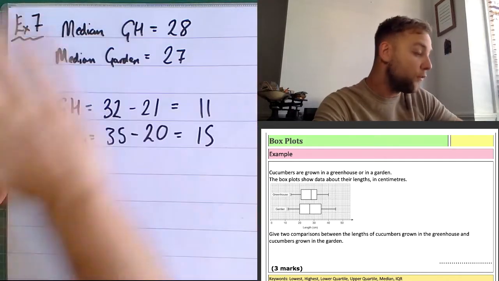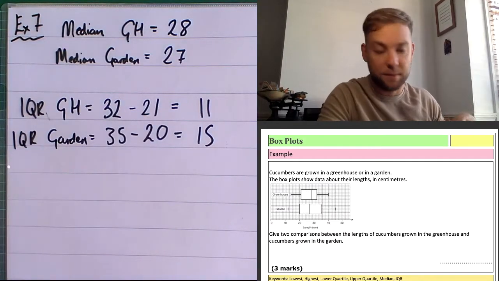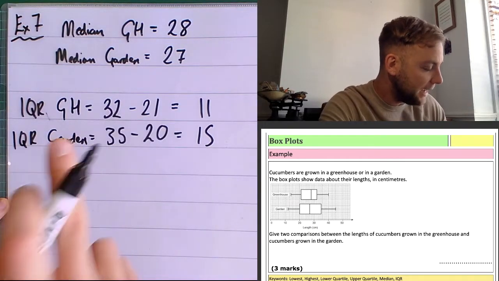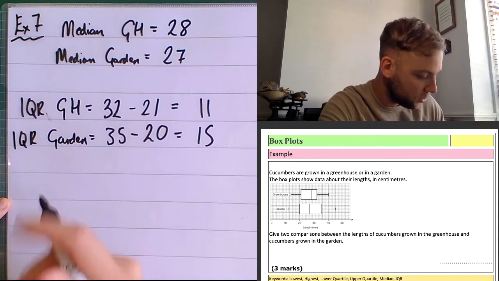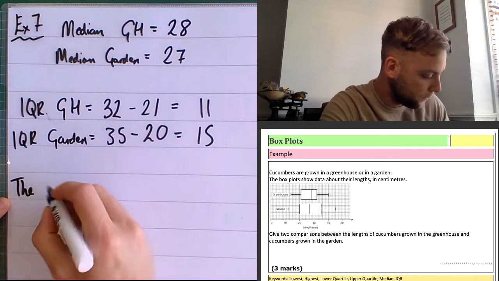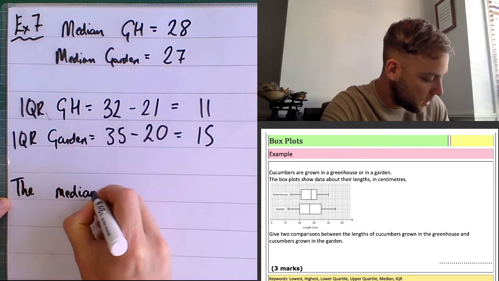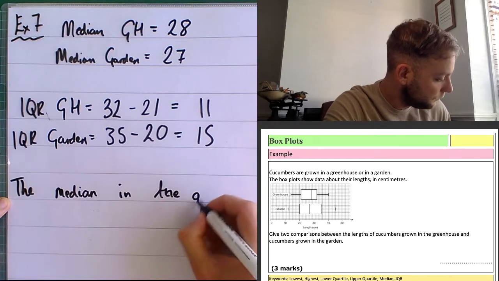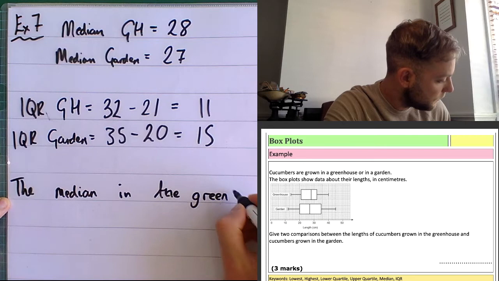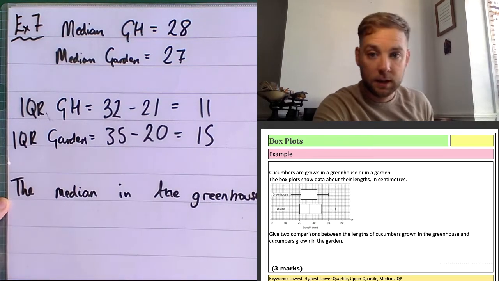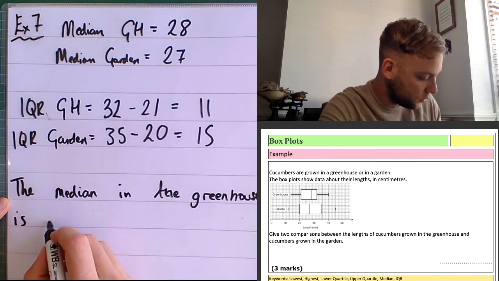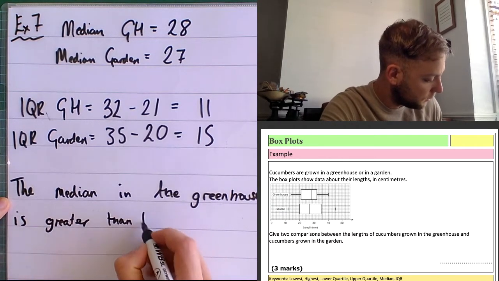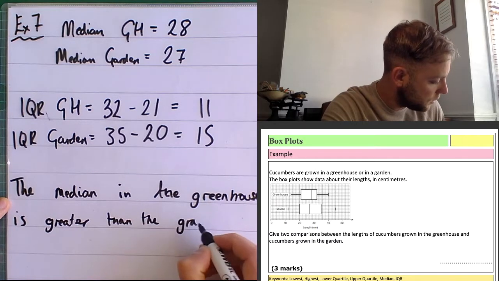If you've got this, you don't need to write the actual numbers down because you've already got this on the paper. But I will say the median in the greenhouse is greater than the garden. So the median in the greenhouse is greater than the garden.